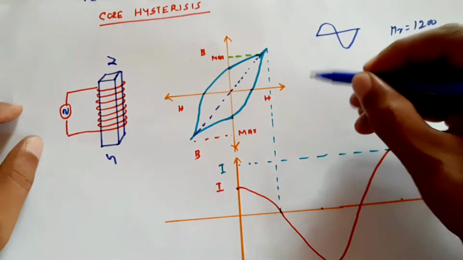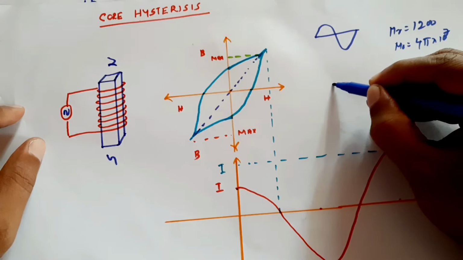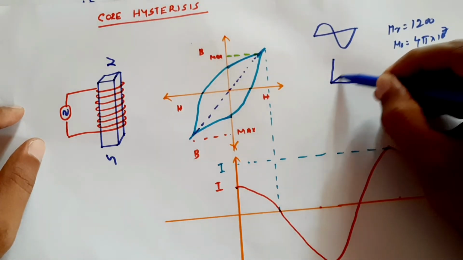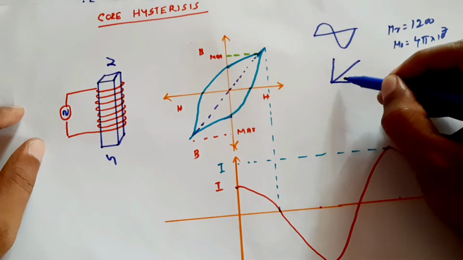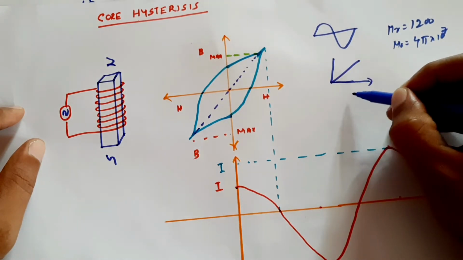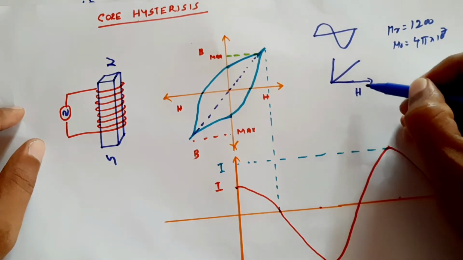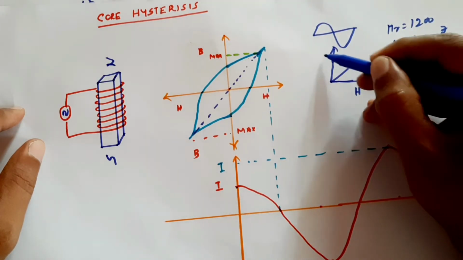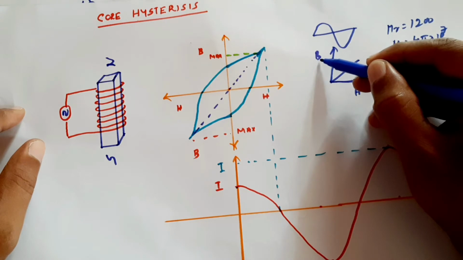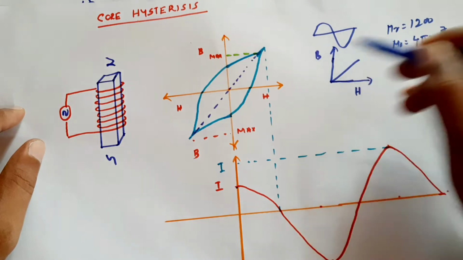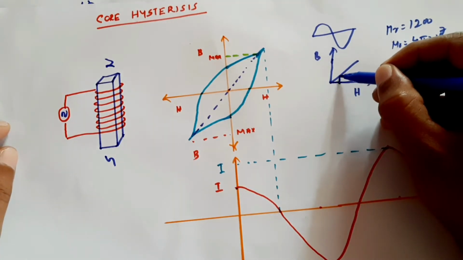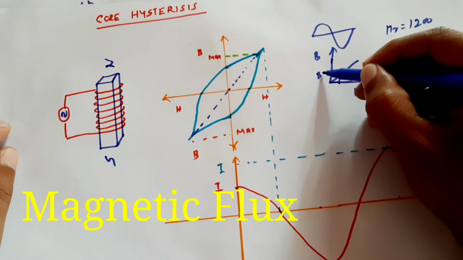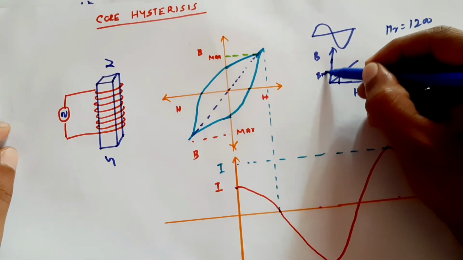If we plot a graph, and this is the relative permeability, that means when a force is applied, this is the flux generated inside the core. With this force, this much magnetic field is created in the core.